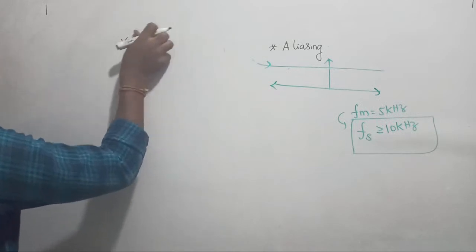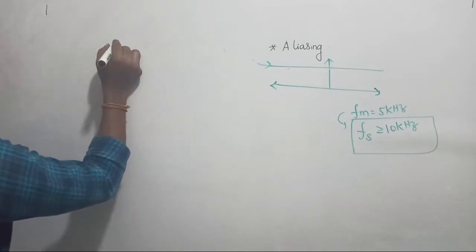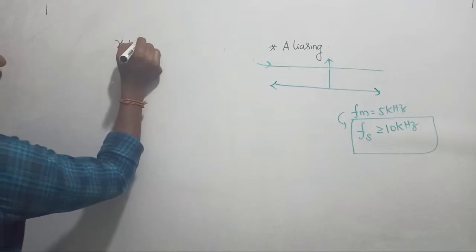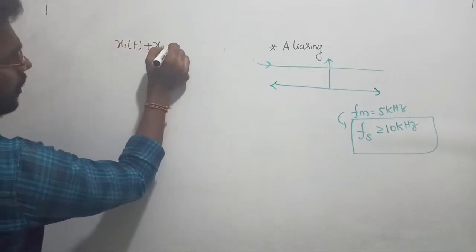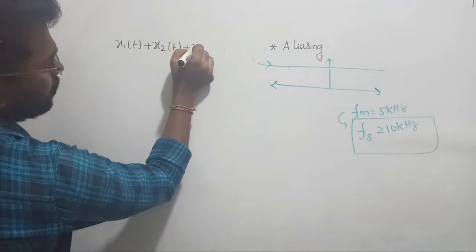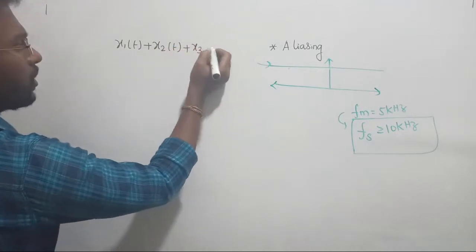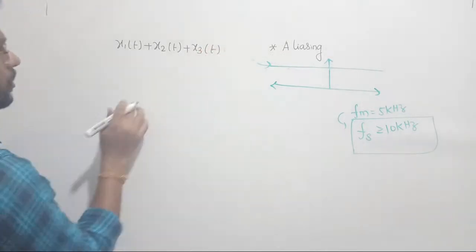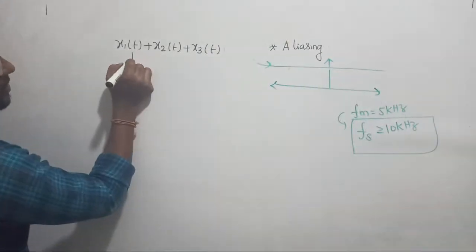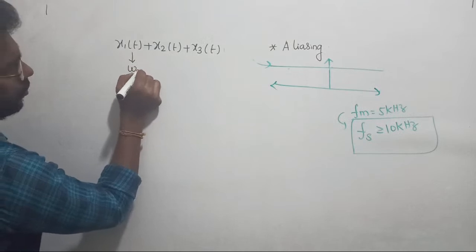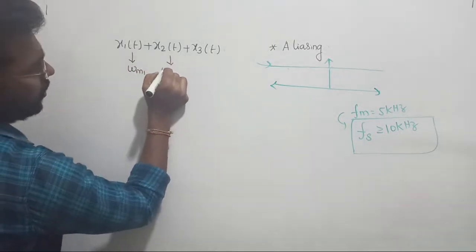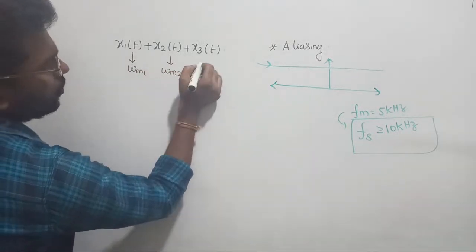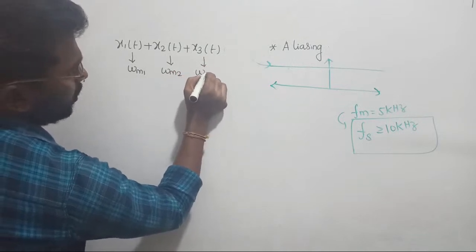Can we define it in the time domain? If a signal is given as x1 of t, in addition with x2 of t and so on, x3 of t, let us stop here. If three signals come like this, select the first one. Let us define omega m1, omega m2, omega m3.